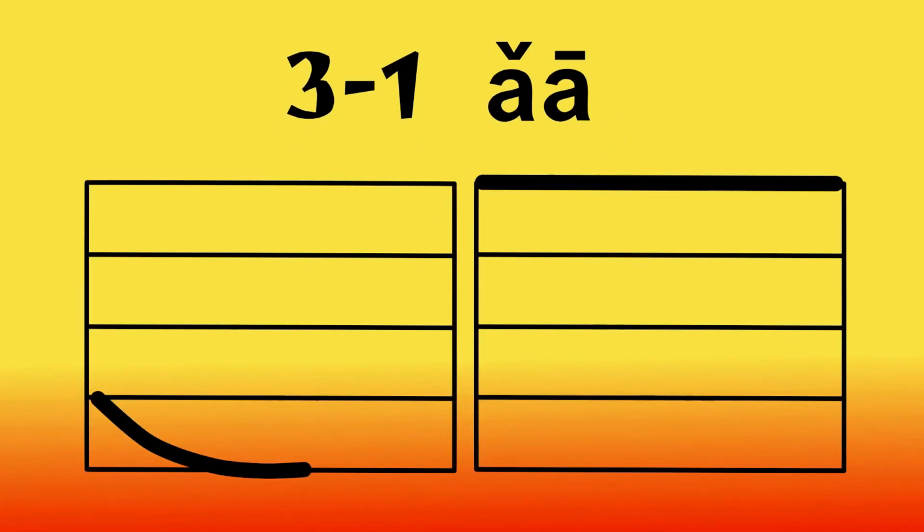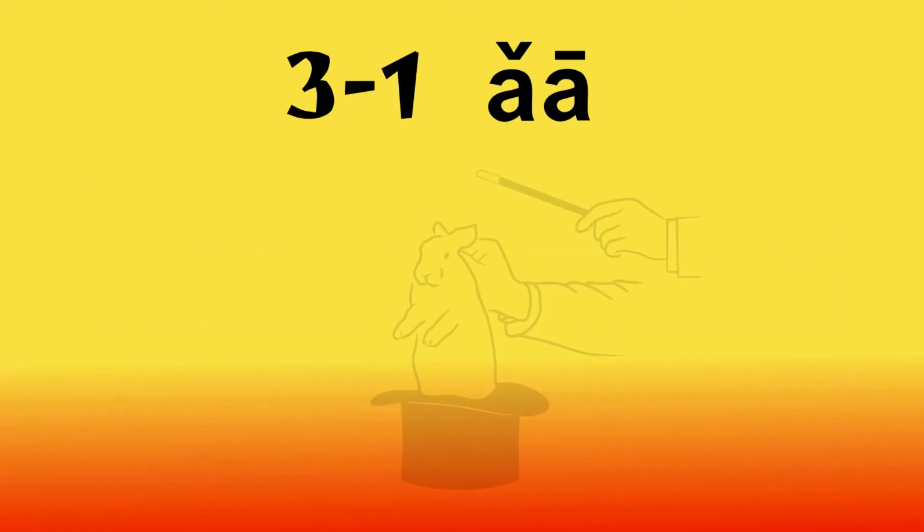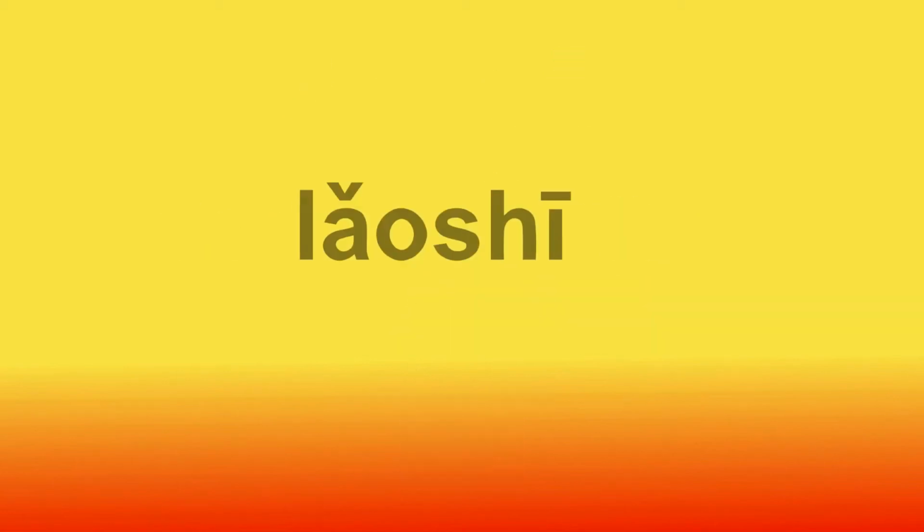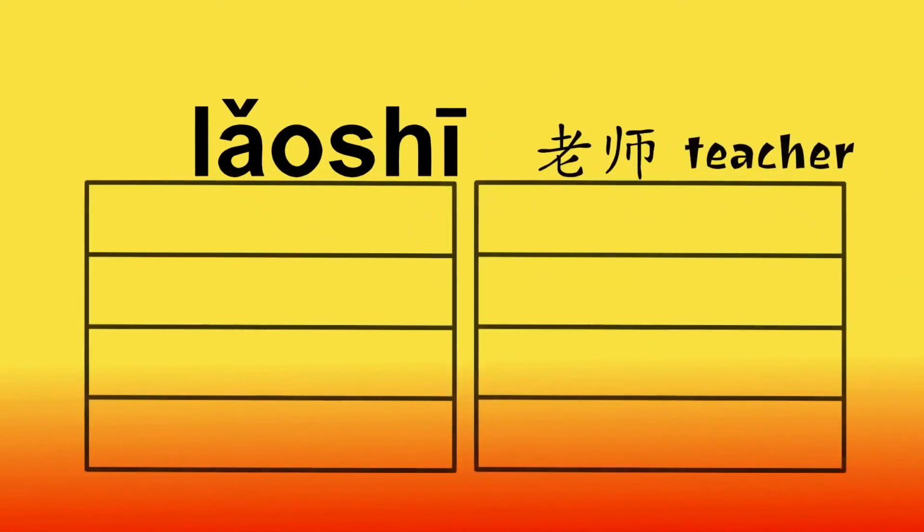This might resemble a magician pulling a rabbit out of a hat and saying, ta-da, ta-da. The model word for this combination is 老师, meaning teacher.